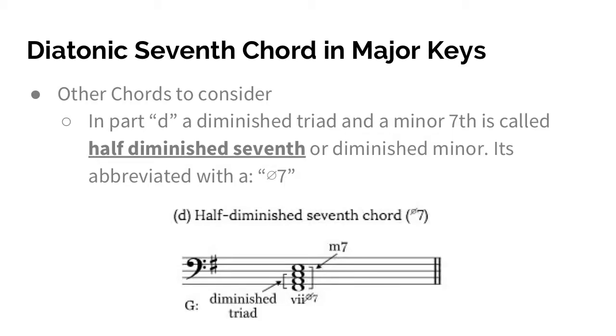And then we have what we call our half diminished 7th chord, which means we have a diminished triad with a minor 7th. And again, you notate it with that symbol.